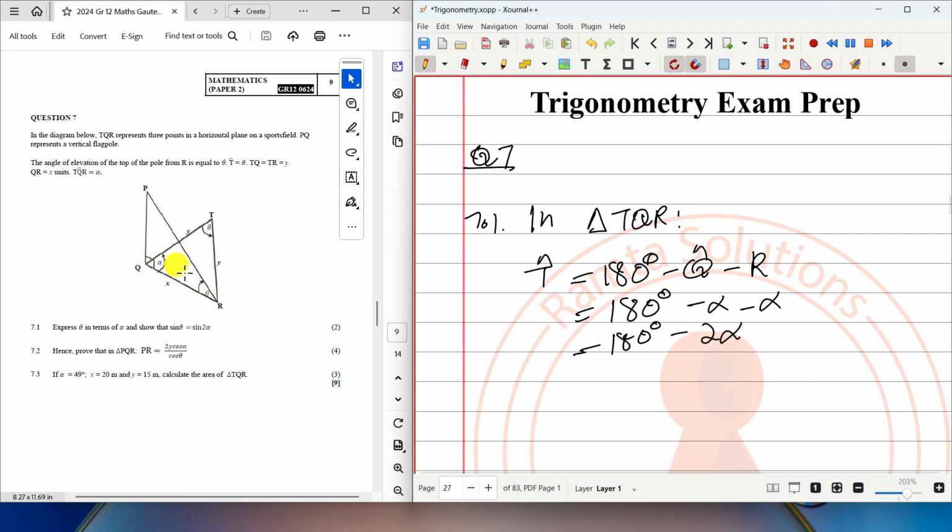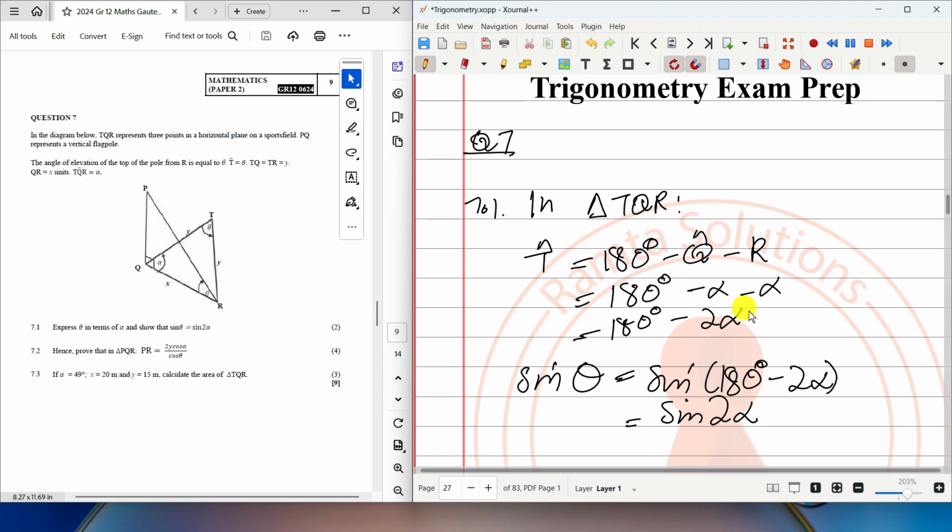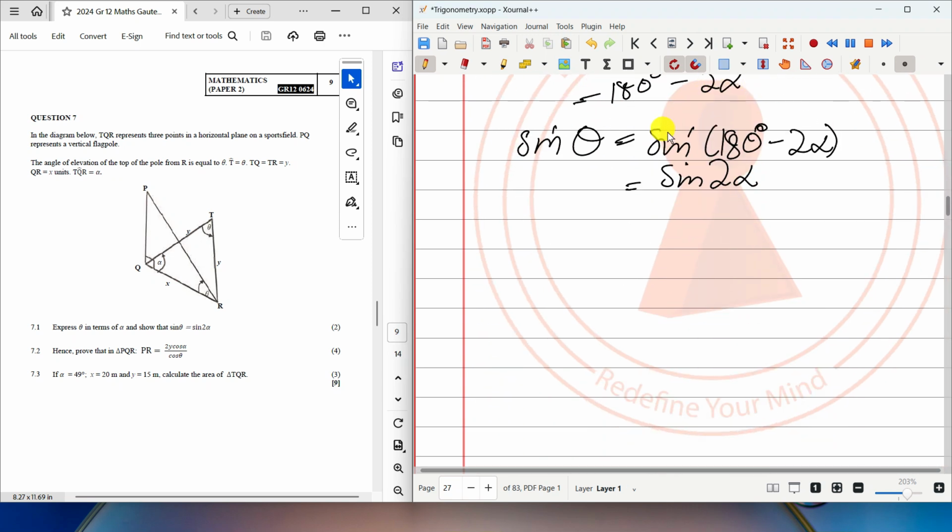The reason is that angle R is equal to angle Q because they are angles opposite equal sides. Therefore, sine theta is equal to sine of 180 minus 2 alpha, so sine theta is equal to sine 2 alpha. This is a reduction formula, sine is positive in the 180 minus quadrant.